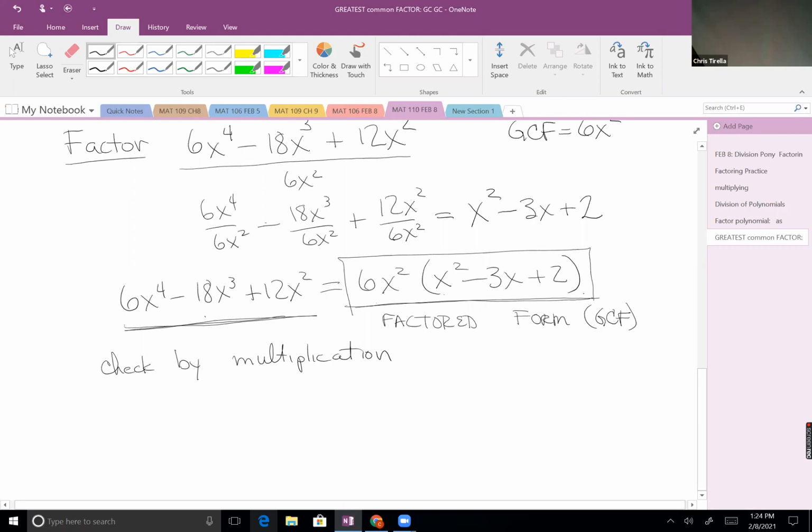I'm working backwards. I'm undoing the multiplication. And whenever you see the directions factor, the first thing that you should do is look for a common factor. So whenever you factor, you have to first find if there's a greatest common factor.